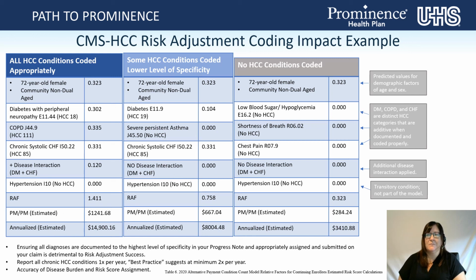The scenario in the middle shows some HCC conditions coded and submitted on a claim to a lower level of specificity. And then the scenario on the right shows no HCC conditions coded or submitted on a claim. Ensuring all diagnoses are documented to the highest level of specificity in your progress note and appropriately assigning and submitting those diagnoses on a claim is critical to success in risk adjustment.